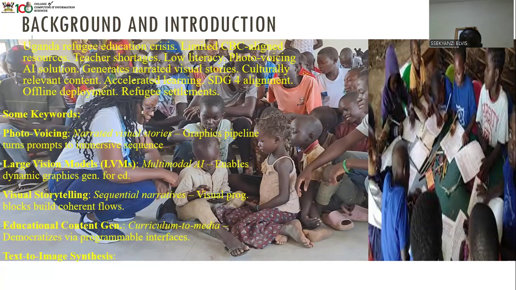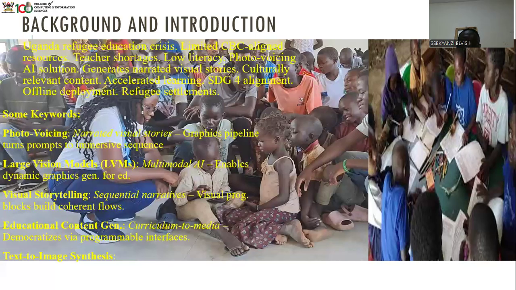So the paper proposes a solution of leveraging recent advances in artificial intelligence and large vision models. And here we can create accessible visual learning experiences that go beyond the traditional text.